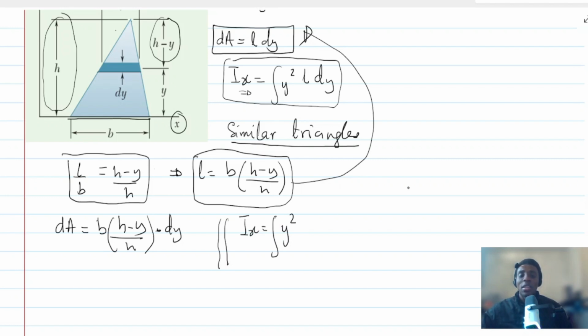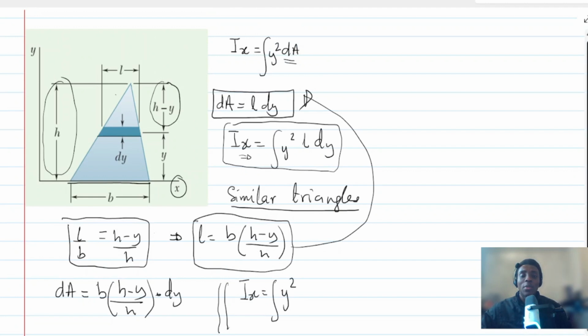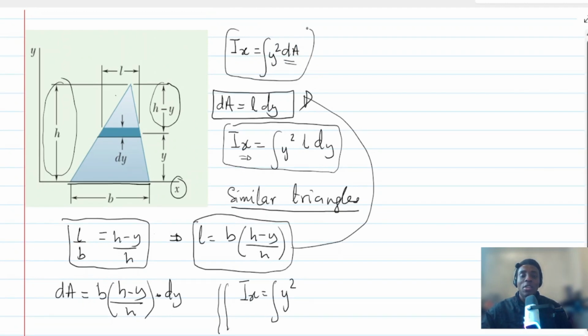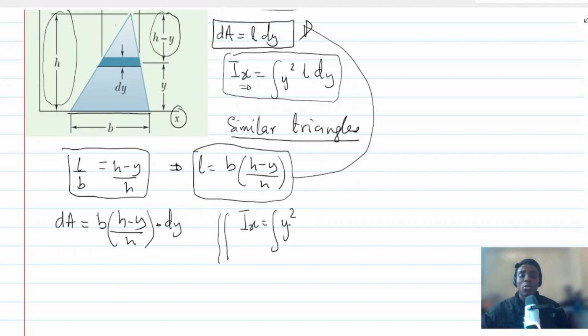But then dA is what we have. So Ix is the integral of y squared dA, and now we know dA. So it's going to be y squared times b times h minus y divided by h, dy. So this is what we have here.